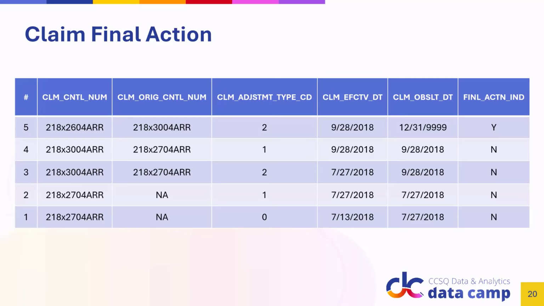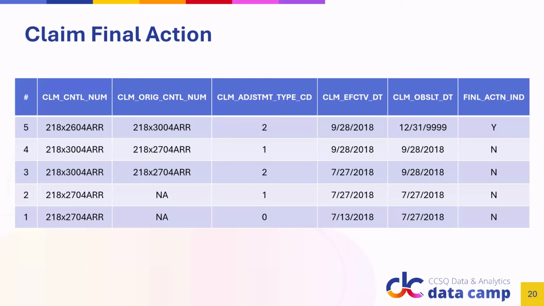We receive a claim, and first it was set to final action, which was yes. And then record number 2 was an adjustment credit. And as you can see, claim effective date is equal to claim obsolete date.